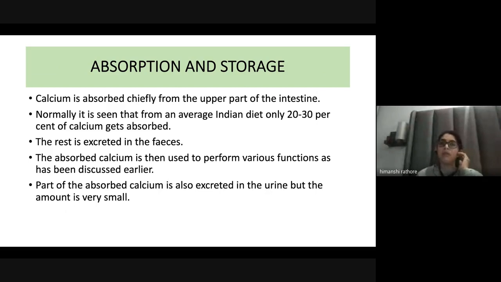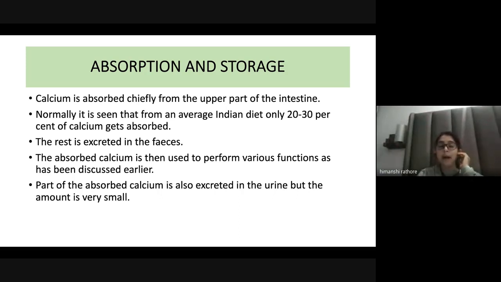Now we are coming to absorption and storage. Unlike fat soluble vitamins, calcium is absorbed chiefly in the intestine. It doesn't require fat for its absorption, it doesn't require bile for its absorption. Normally, it is seen that from an average Indian diet, only 20 to 30% of calcium gets absorbed because they have less intake of vitamin D, and vitamin D is required for the proper absorption of calcium.